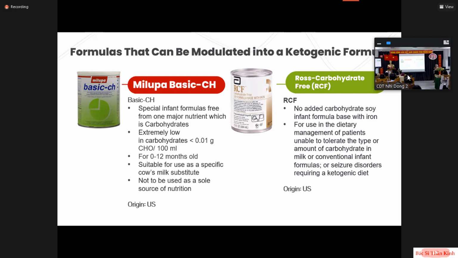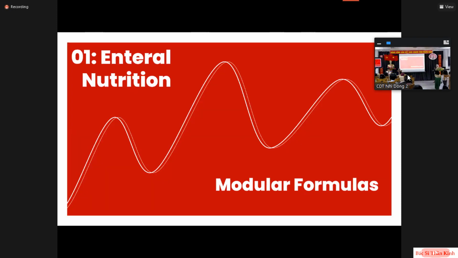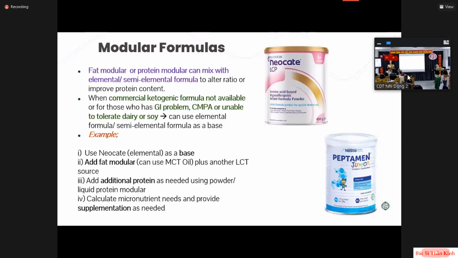You can see here the carbohydrate is very low, it's 0.01 gram carbohydrate in 100 ml. It's suitable for 0 to 12 months, and also suitable for cow's milk protein allergy. And this one, RCF, we use a lot. We use these two, aside from the Ketonia just now, this one from the US, and it can also be incorporated in a ketogenic diet.